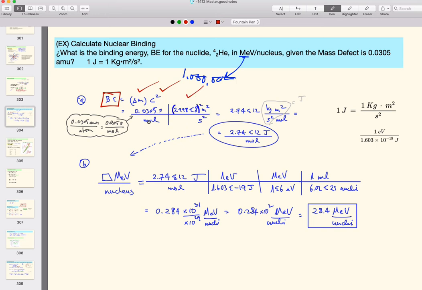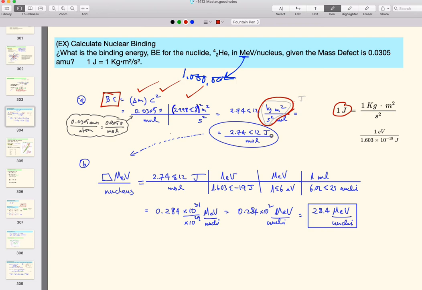We plug in our numbers, and we wind up with 2.74 times 10 to the 12th kilogram meters squared per second squared per mole. Well, that seems really clumsy until we recognize we've got kilogram meters squared per second squared, and we'll just replace that with a joule. Now this feels a lot more comfortable.